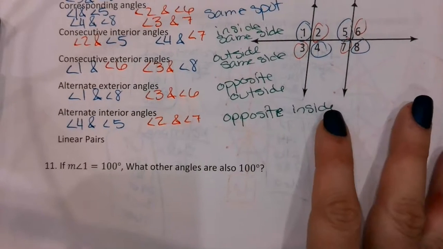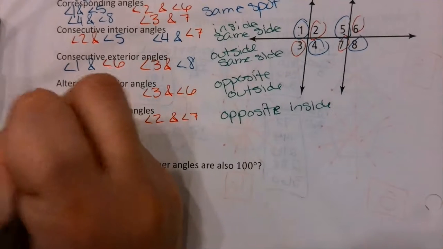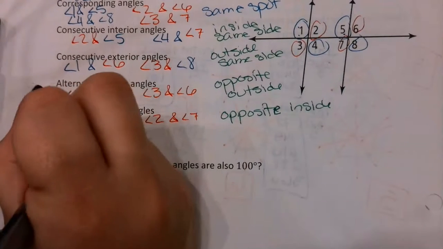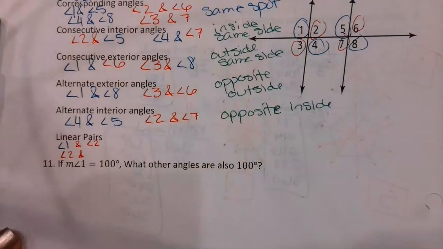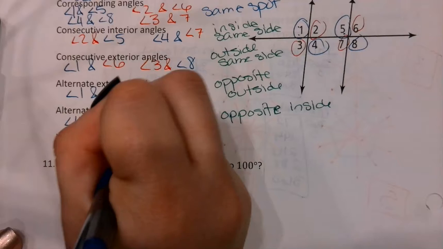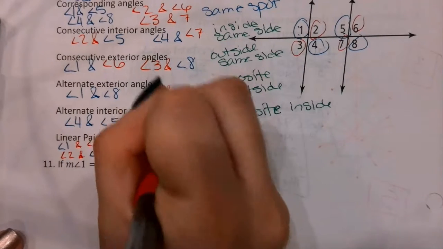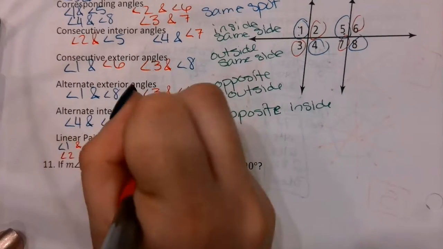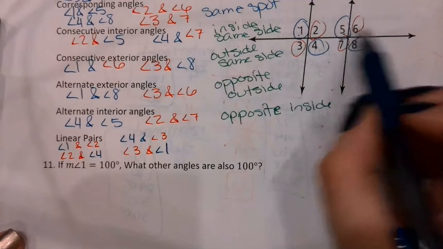Linear pairs are two angles that make a line. So I have angle 1 and angle 2. I have angle 2 and angle 4. I have angle 4 and angle 3, angle 3 and angle 1. Then over here I also have these ones.